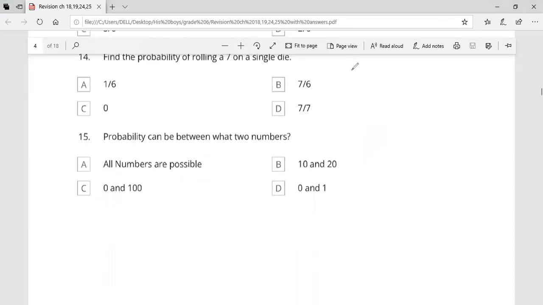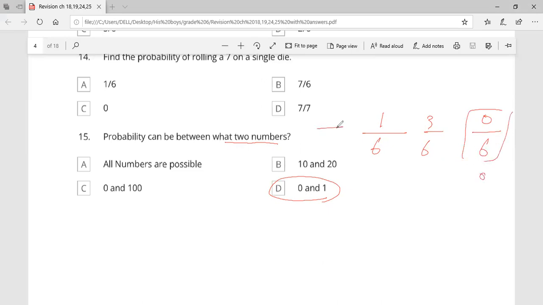Probability can be any probability between two numbers. All numbers are possible: 10 and 20, 0 and 100, 0 and 1. Here is our answer, 0 and 1. Why? Because probability, as we see in the previous examples, is a fraction. Probability in our dice, 1 out of 6, 3 out of 6, and 0 out of 6. 0 out of 6 is 0.